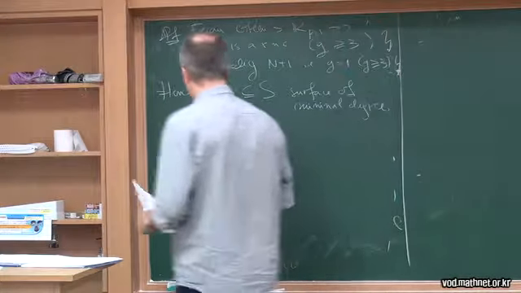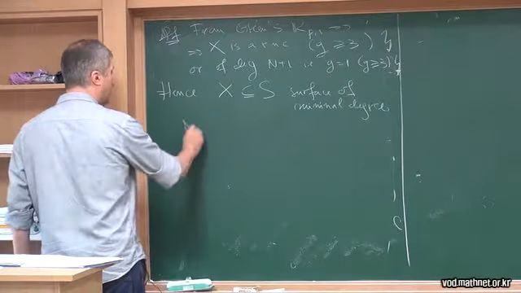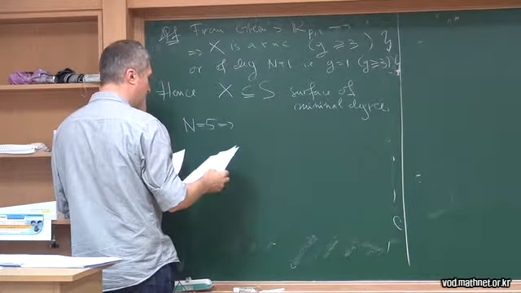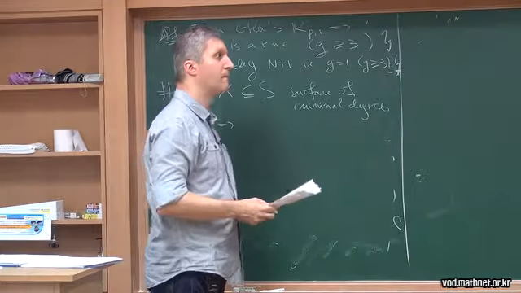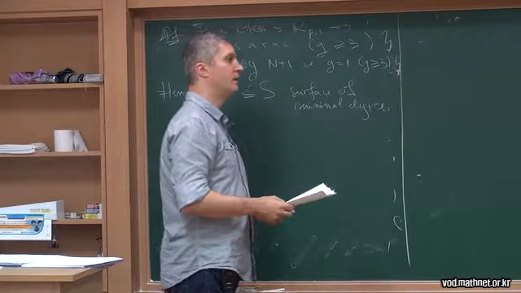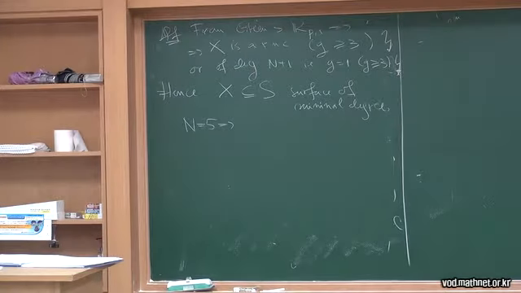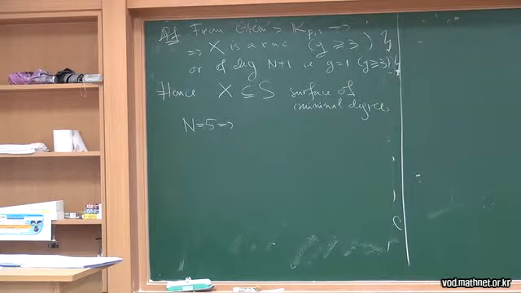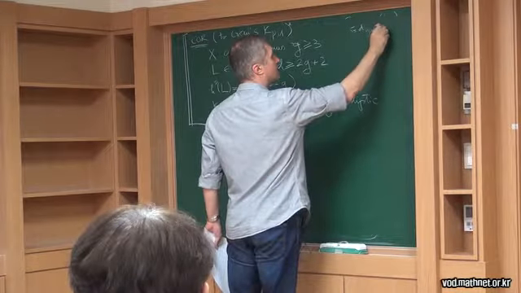But it cannot be Veronese in P5 because if n equals 5, then d minus g is 5, and d is bigger than g plus 2.